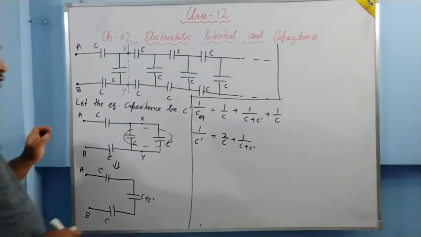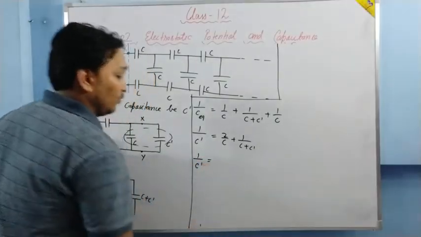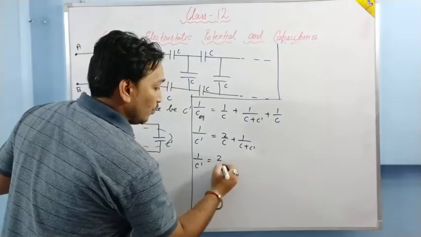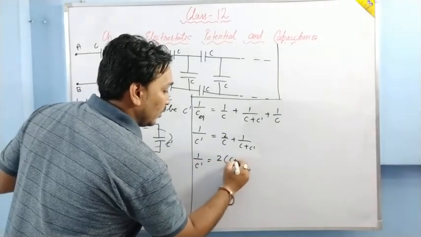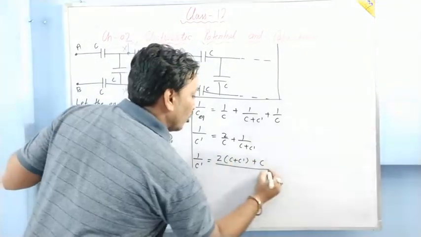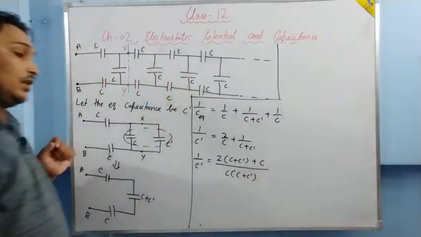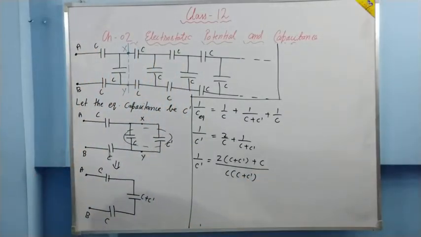Now we are going to take the LCM. 1 upon C dash is equal to 2 in bracket (C plus C dash) plus C upon C in bracket (C plus C dash). Is it clear? Now we are going to do cross multiplication.